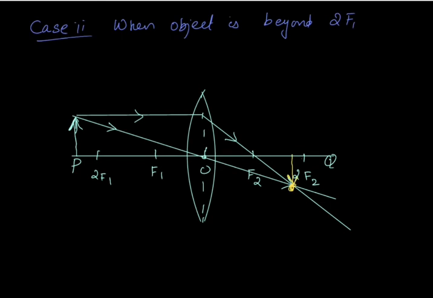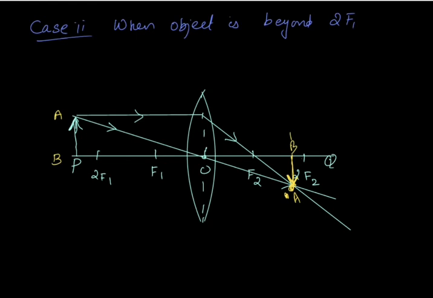When you see the position of the image, I didn't give a name for the object. Object is AB and image is A dash B dash. Okay, and you can see that the image is inverted, and the position of the image is between f2 and 2f2.